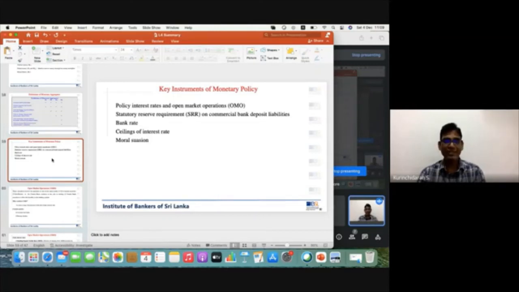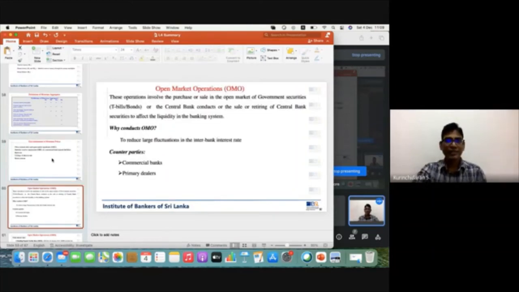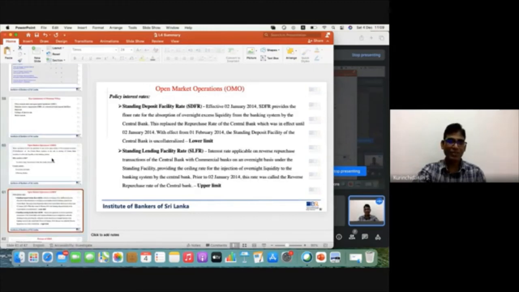In the Sri Lankan Central Bank, the key instruments of monetary policy are OMO, SRR, and the bank rate. Of course, there are also ceilings on interest rates, even on pawning loans and credit cards. And moral suasion, which we use continuously, several times. I have elaborated a little on OMO from the Sri Lankan perspective. You can read and understand now, right?